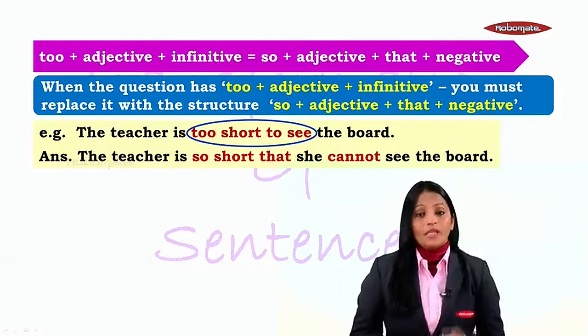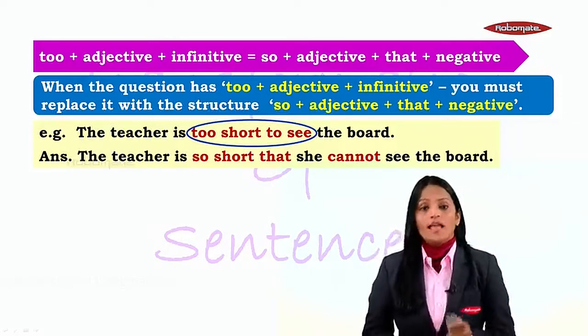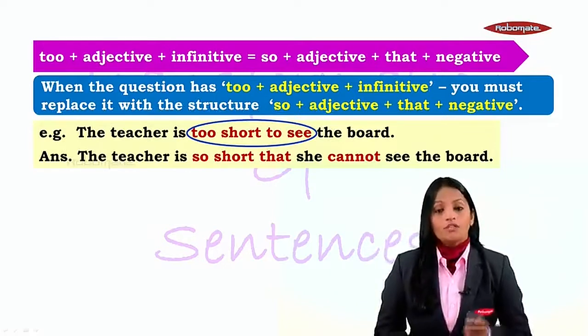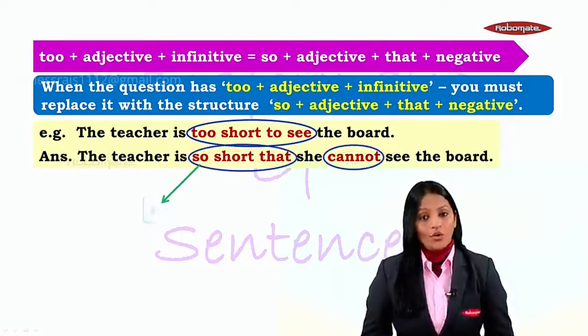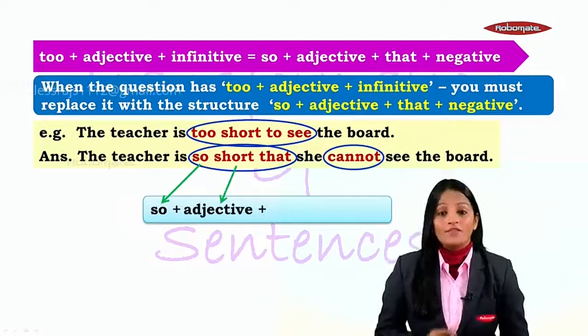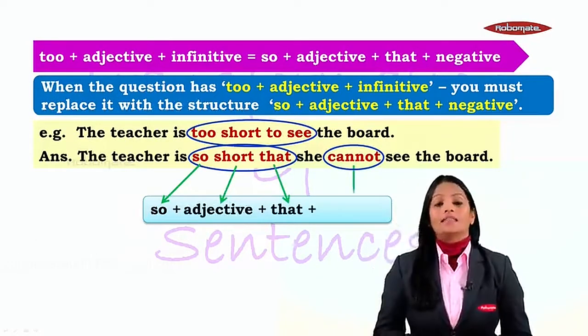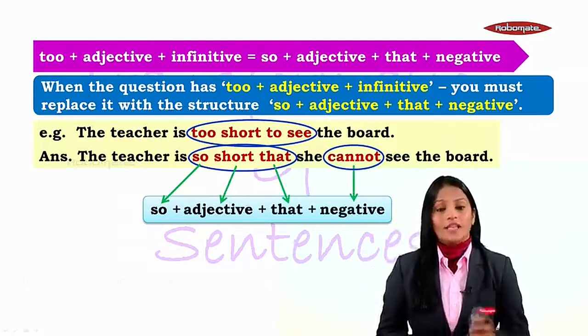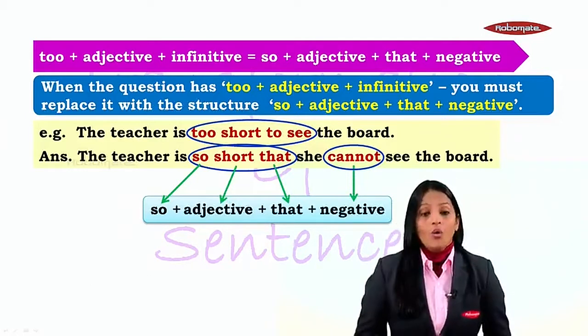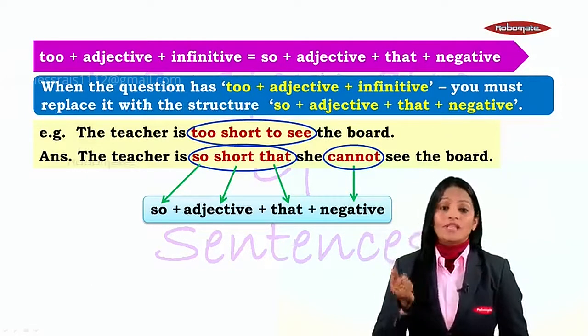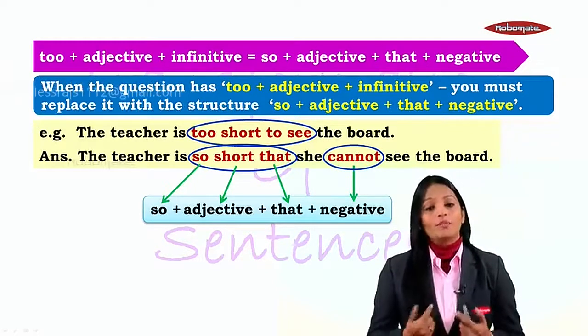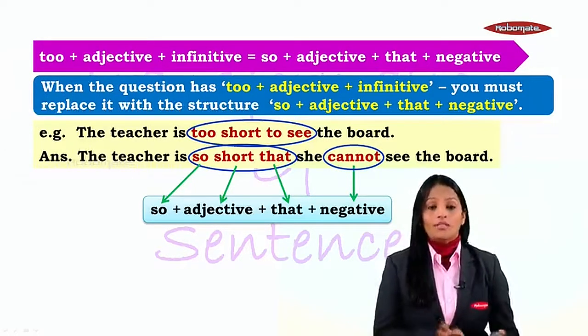See the answer. The teacher is so short that she cannot see the board. So we have "so" here, then we have short, that is the adjective. Then we have "that", and then we have the negative "cannot". So remember, whenever the "too" comes with an infinitive, you will replace it with the so dot dot that structure.